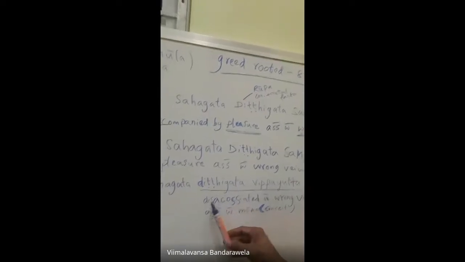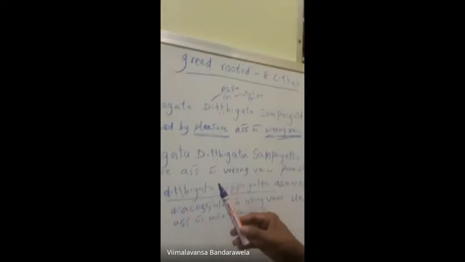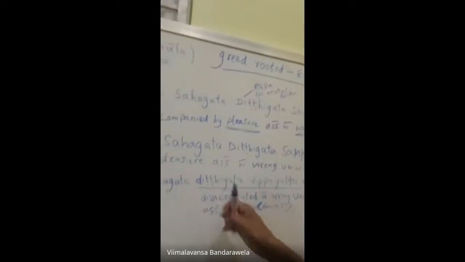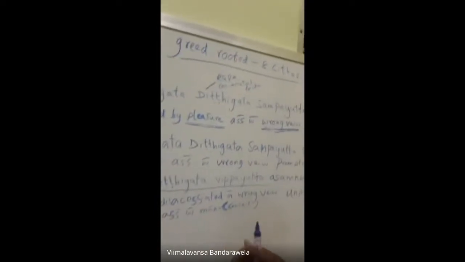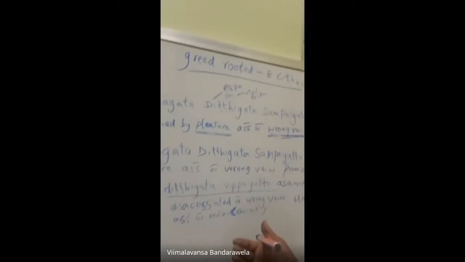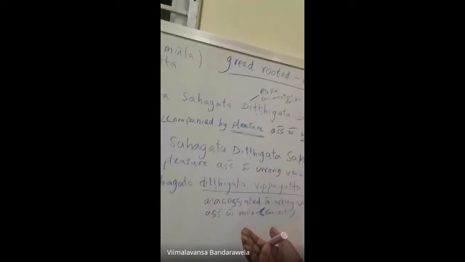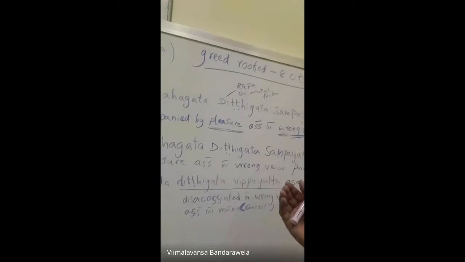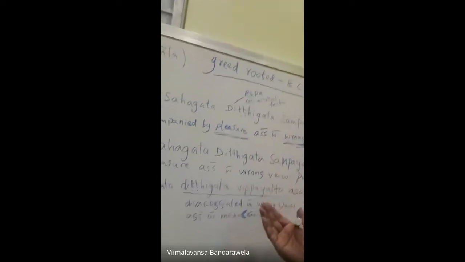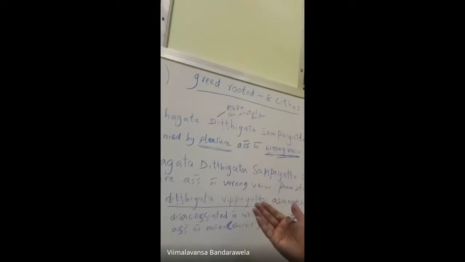Annihilation is uchcheda ditti, where somebody will say that no akusala, no unwholesome mind arises if you kill somebody. Like that, then it is associated with wrong view.